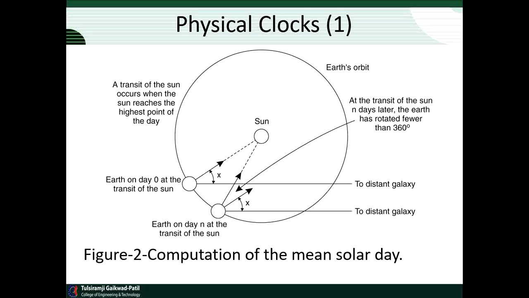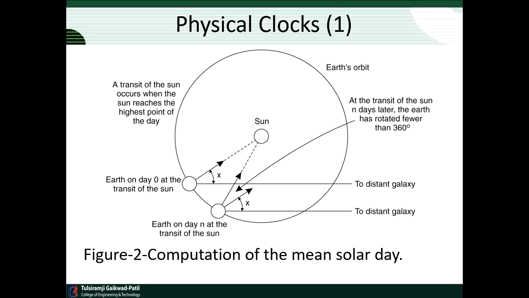The length of the year is not thought to have changed; the day has simply become longer. In addition to this long-term trend, short-term variations in the length of the day also occur, probably caused by turbulence deep in the Earth's core of molten iron.